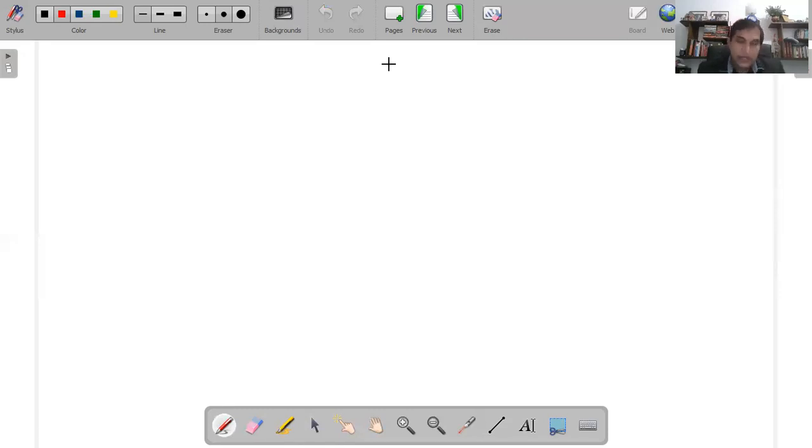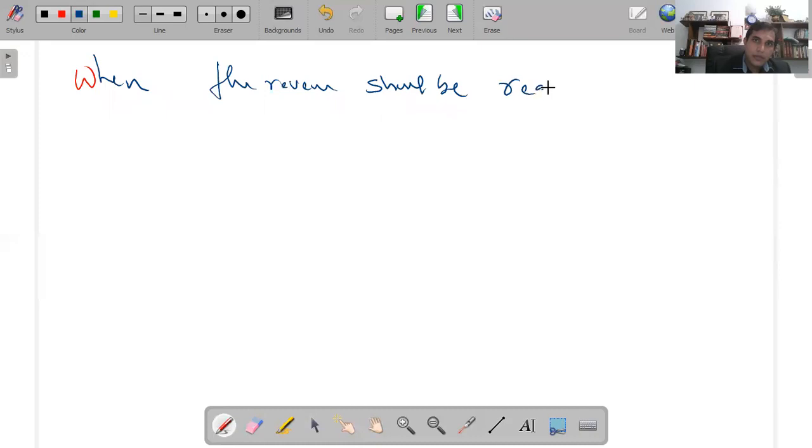Then you should write about the input and output method. But the question indicates you should use the input method. Write down when the revenue should be recognized over time.